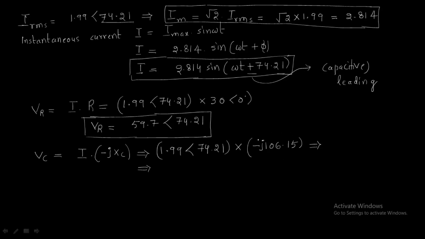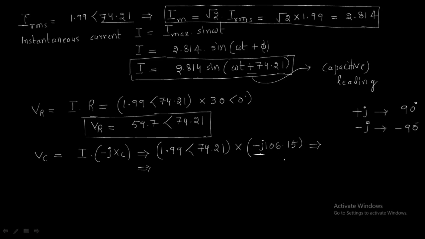It is in complex form. We can convert it into polar form. Minus j represents an angle of minus 90 degrees. If there is no real term and only an imaginary term of minus j, you can directly write the phase angle as minus 90.